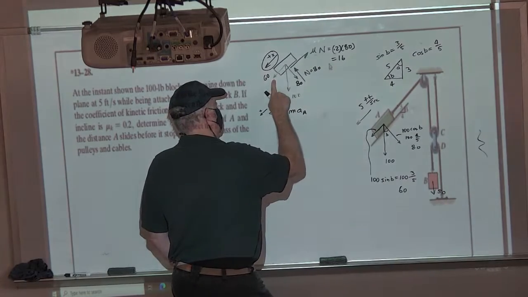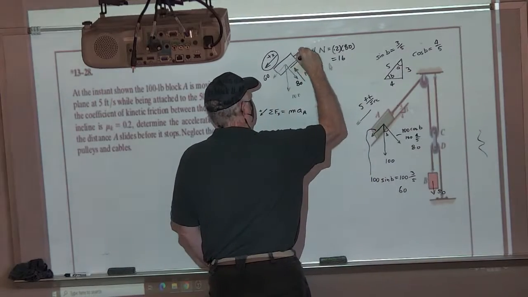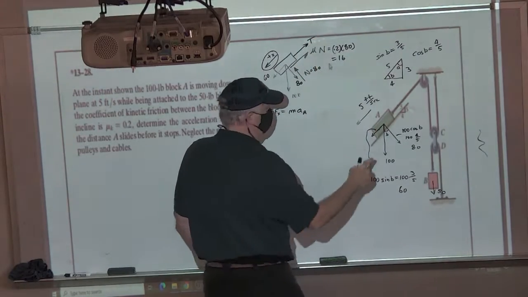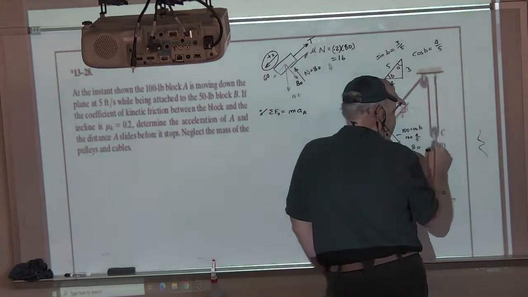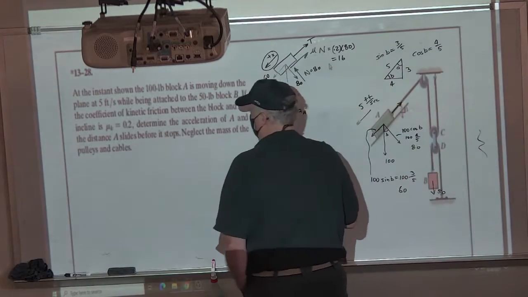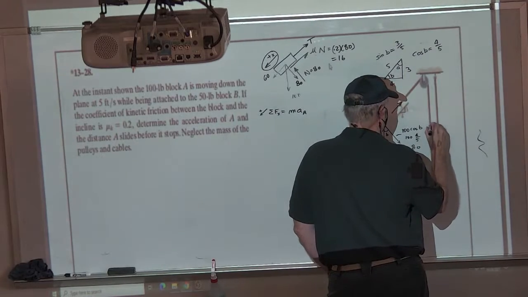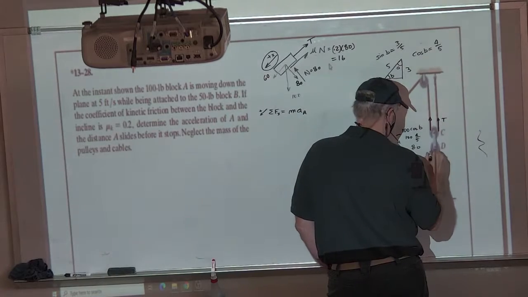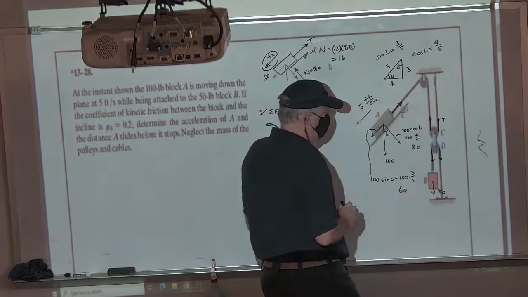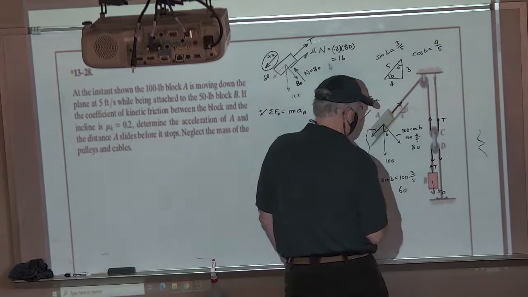I only have that one, and I only have this one. I do have a tension, which is just this wire here, or rope. So there is a tension here. Likewise, if this doesn't have mass and this doesn't have mass, neglect the mass of the pulleys and cables. And this will be tension, two tensions. That's slid off to the side. That'll be two tensions, and therefore this will be a tension.